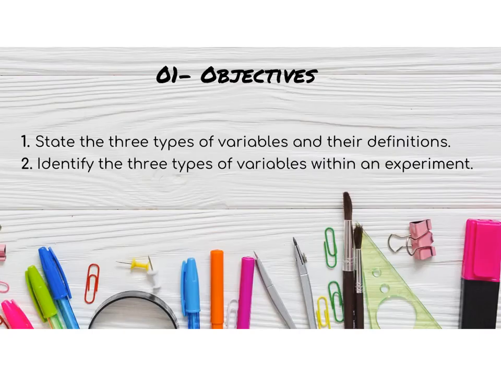The given objectives are related to the science skills objectives. So by the end of the session, you should be able to state the three types of variables and their definitions, and identify these three types of variables within a given experiment.